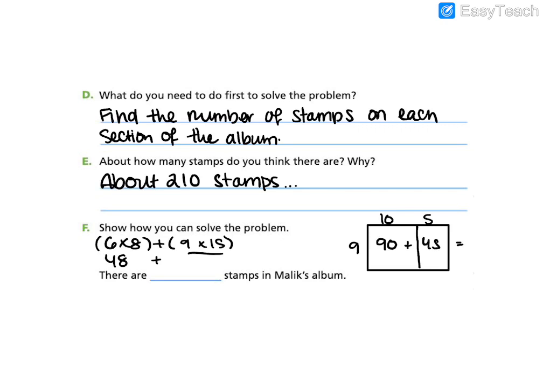I'd have 35 remaining. So this would be 135. Right, go ahead and solve for your final answer by adding these two together. We get that there are 183 stamps in Malik's album.